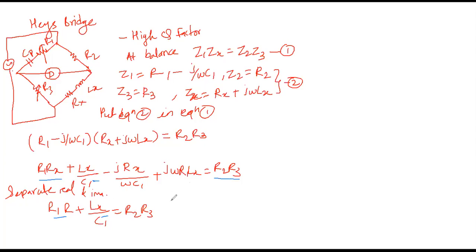Okay, so this is the real term, and what we have as imaginary term: Rx divided by omega C1 is equal to omega R1 Lx. Okay. So here we are going to solve the equation for Rx. So we can rewrite this equation like Rx is equal to omega square Lx C1 R1.